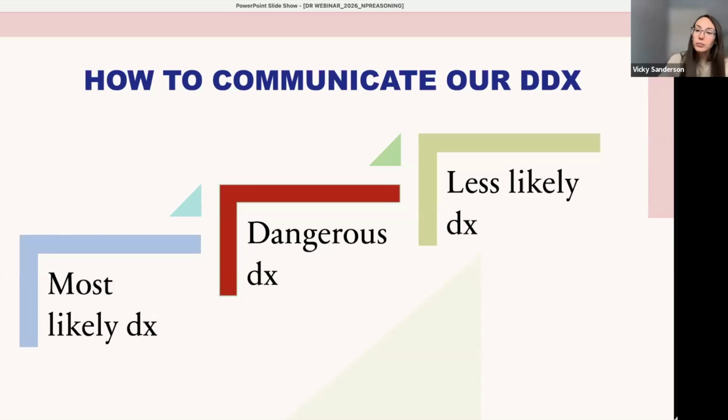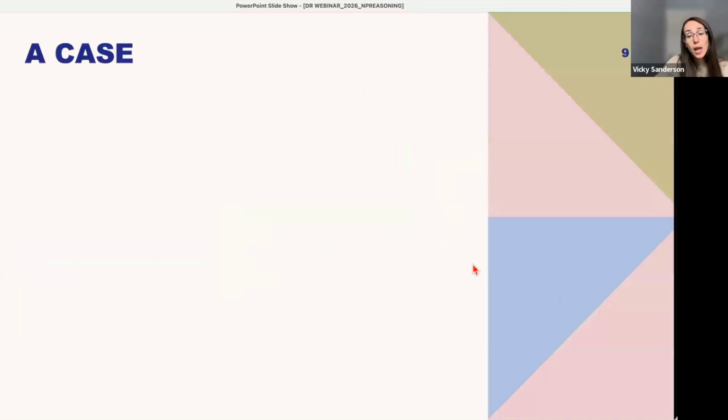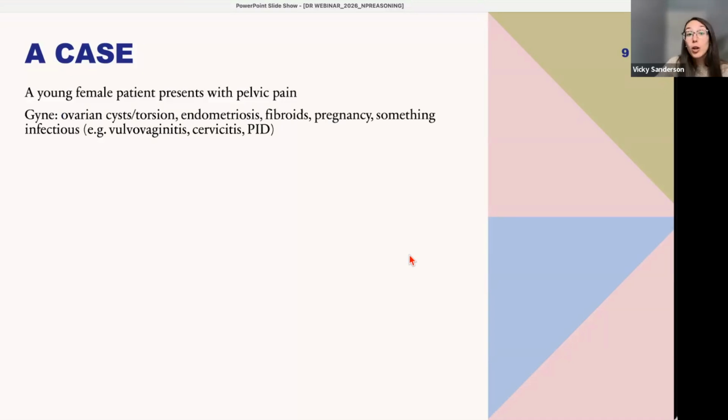Using a brief example here, let's say we're seeing a young female patient with pelvic pain. Off the hop, there could be several things going on with this patient. We might think of gynecological issues like an ovarian cyst or torsion, endometriosis, fibroids, pregnancy, something red-flaggy like an ectopic pregnancy or maybe a miscarriage, or something infectious like pelvic inflammatory disease or some sort of STI causing issues there.